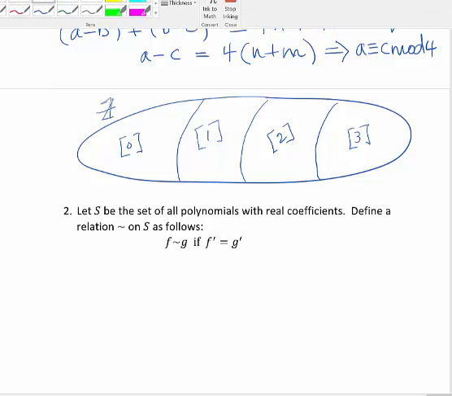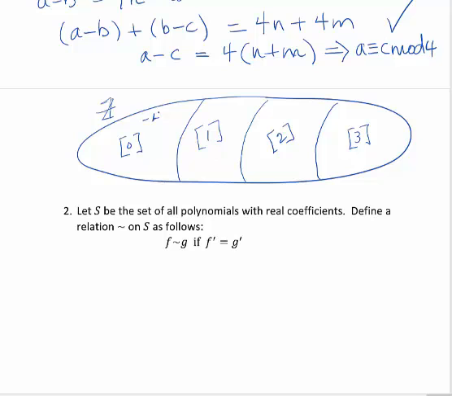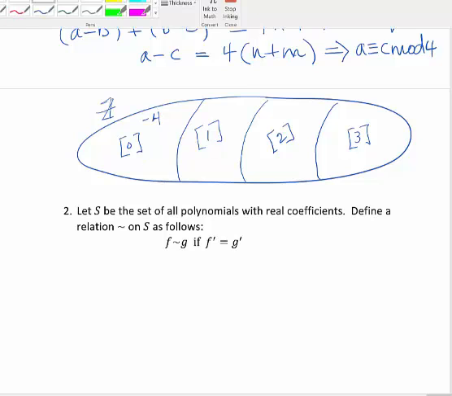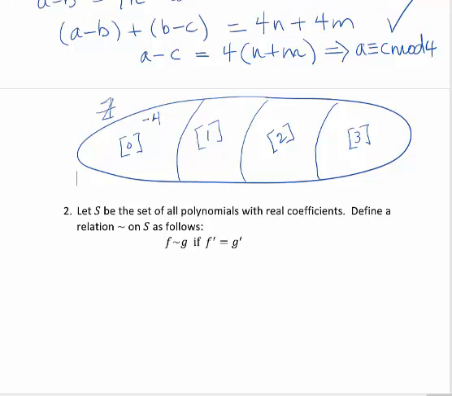For example, in square bracket 0, we'll have -4, -8, -100, 0, 4, 8, 12, etc. All of the multiples of 4 would live in there.